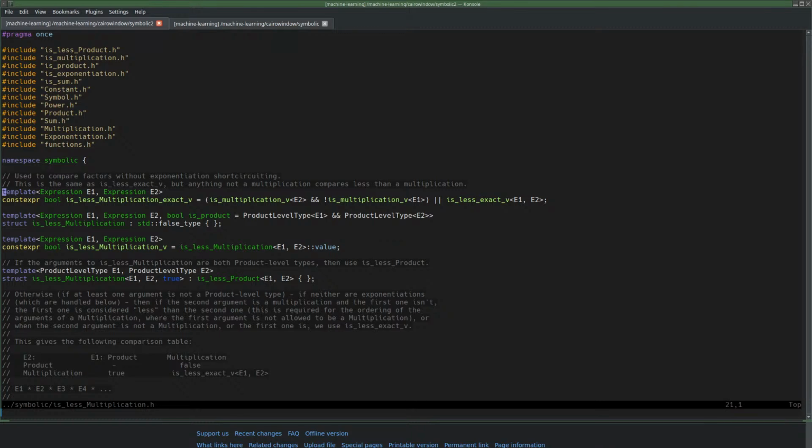Kind of doing the same thing here. So this is divisible is product. It's not very useful. Skip that one.